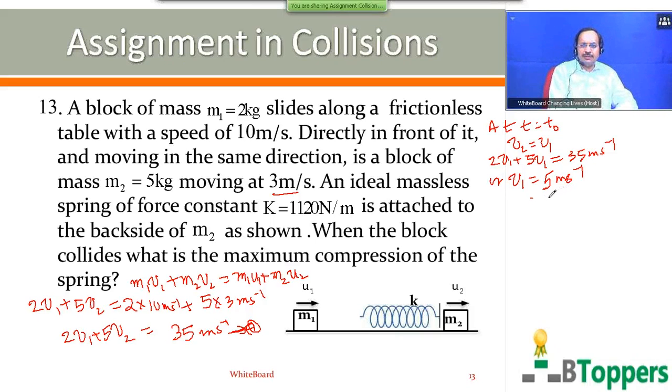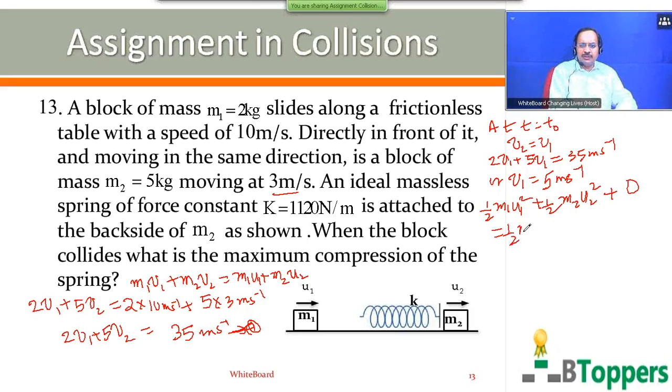Now applying conservation of mechanical energy for the system of the two blocks and spring. Initial kinetic energy of the system of the two blocks is half m1 u1 square plus half m2 u2 square. Initially the spring has its natural length, so the initial elastic potential energy stored in the spring is 0.